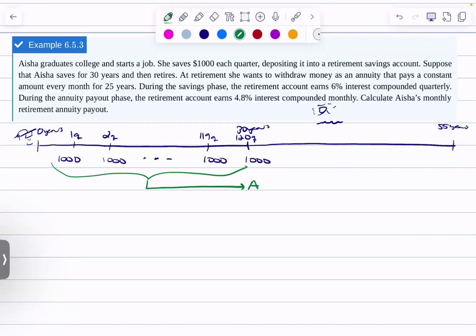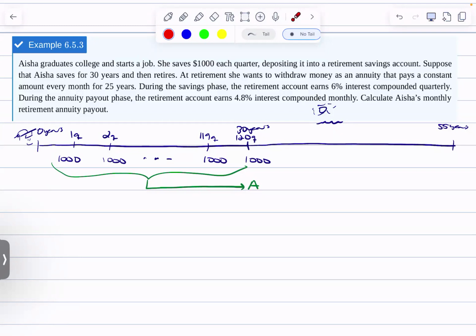These are going to grow to some accumulated amount. This $1,000 has been sitting there compounding 119 times. It's going to be a lot bigger than this last one. A lot. Might be a stretch, but the accumulated amount takes that into account.